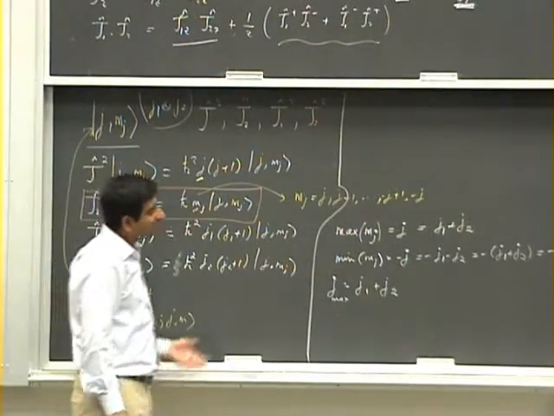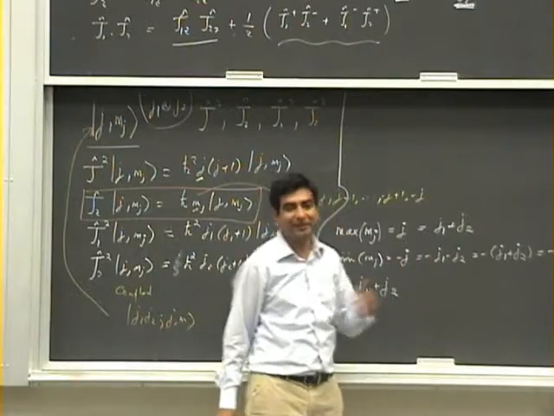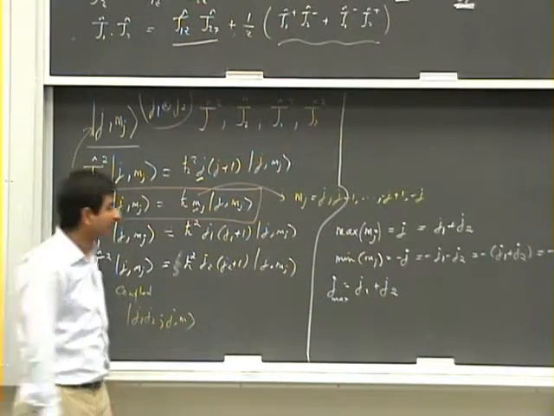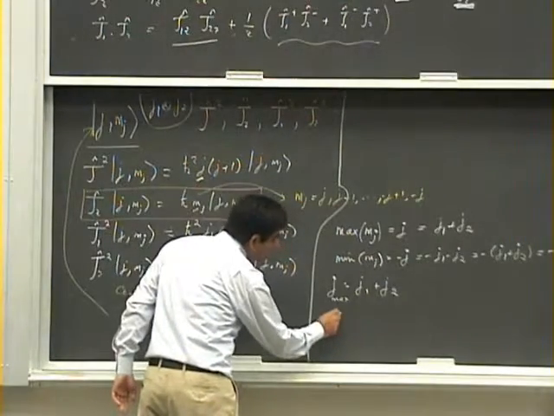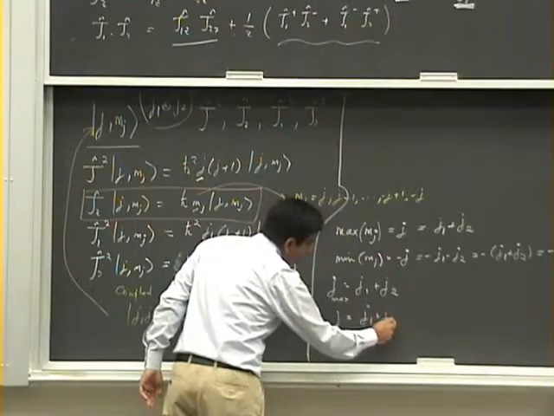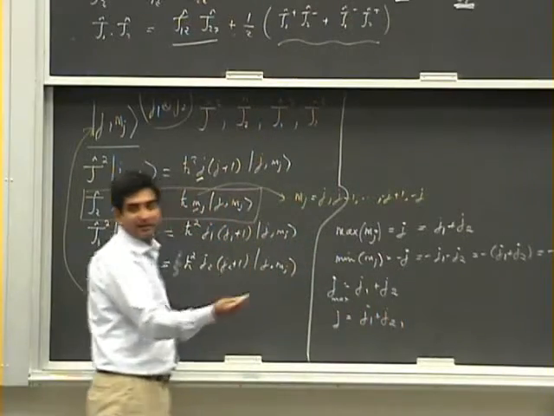But this only tells me what j max is. What is my j minimum? I have to find out the value of j minimum. What happens is that j can take values from j1 plus j2 and decrement by 1.